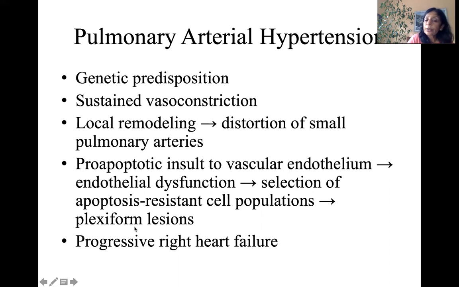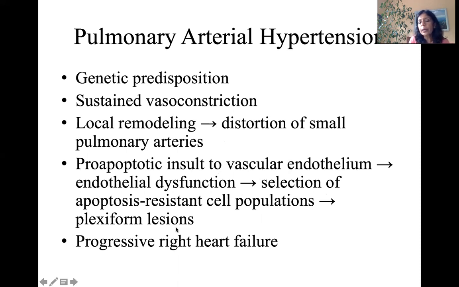Endothelial dysfunction causing selection of apoptosis-resistant cell populations. That could be the cause of lack of elastic nature, and that could be the result of remodeling or stiffness. And plexiform lesions.